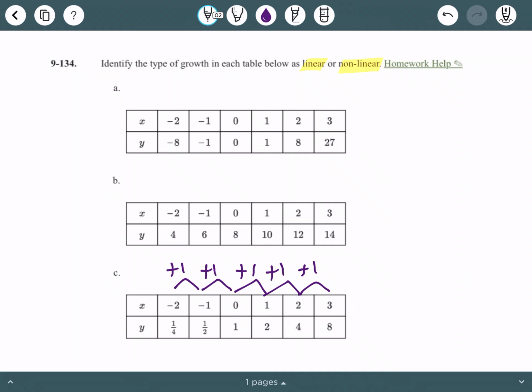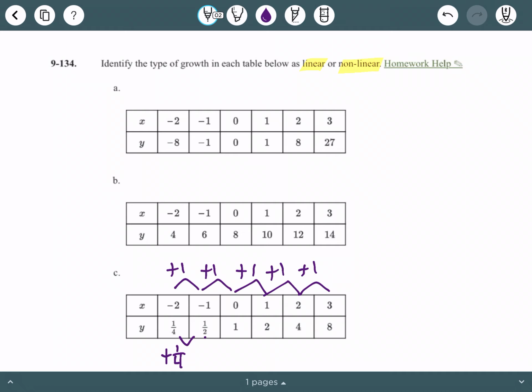Now the bottom, let's see, we go from 1/4 to 1/2. So to get from 1/4 to 1/2, I'm adding 1/4. Oops, 1/4, not 1/2. So 1/4 plus 1/4 is 2/4, which is 1/2.